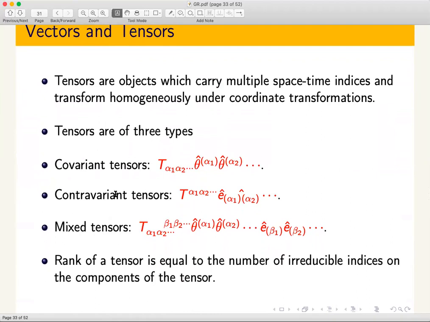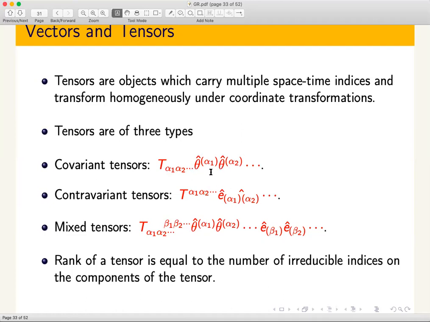What we call covariant tensors are the tensors whose components have subscript indices, which are typically called covariant indices. These are objects defined in the cotangent space, because the basis vectors are theta hat.